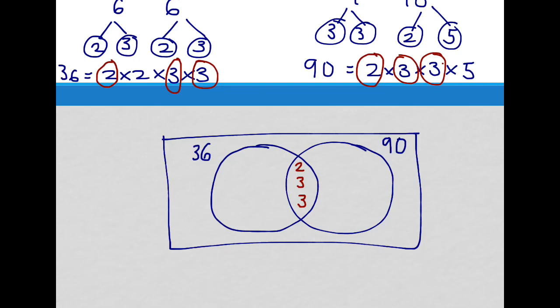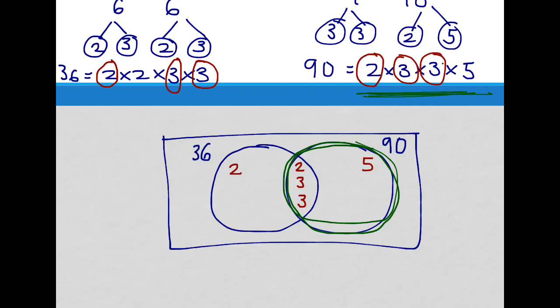Now if we go back to 36, the only bit that's not in the overlapping part is the 2. And if we go to 90, the only part that's not in the overlapping part is 5. And just to help you see this maybe a little clearer, if I draw this circle, I go back round this one in green, everything that's in the green circle is the 2, 3, 3, 5, which is what we have there.